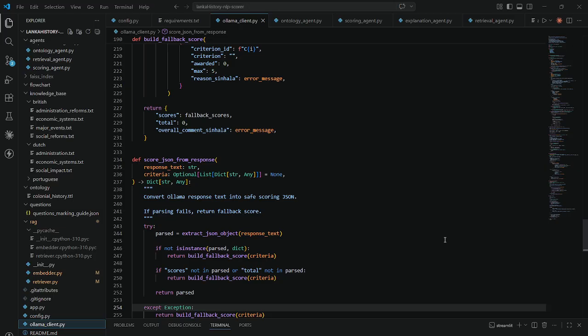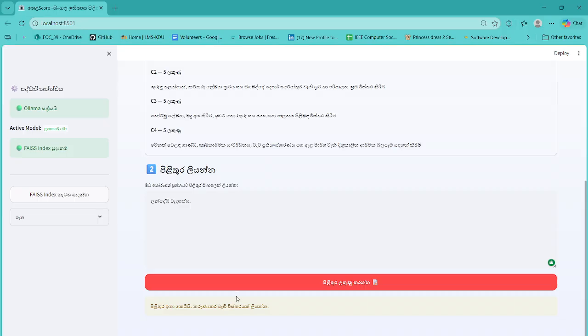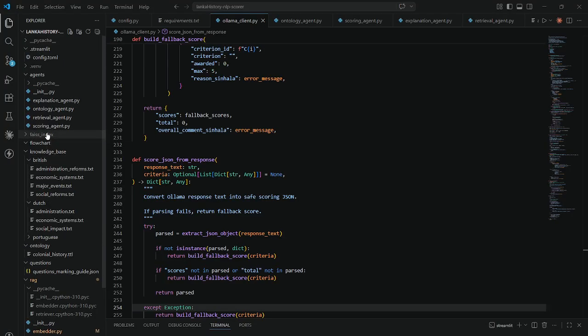It uses Ollama local inference, files-based RAG, and RDF ontology. And for agent architecture, it uses 4 agents. So it produces marks out of 20, criterion wise Sinhala explanation, retrieved evidence, ontology concept matches, and a clear Streamlit interface.